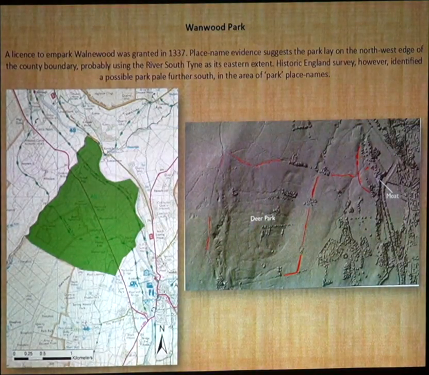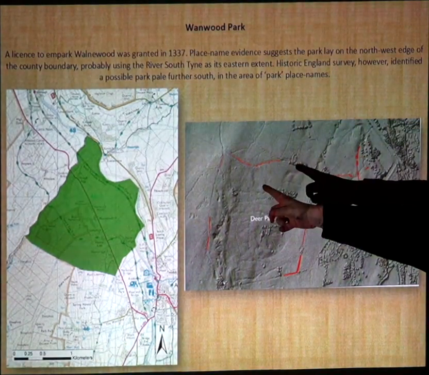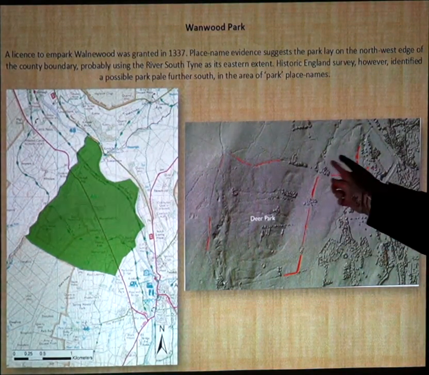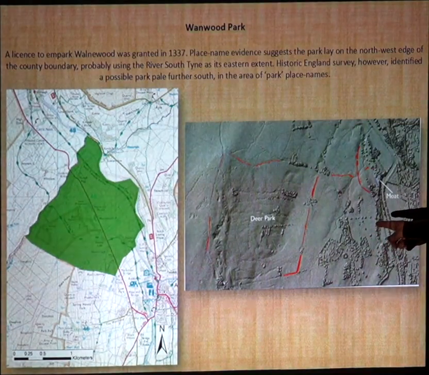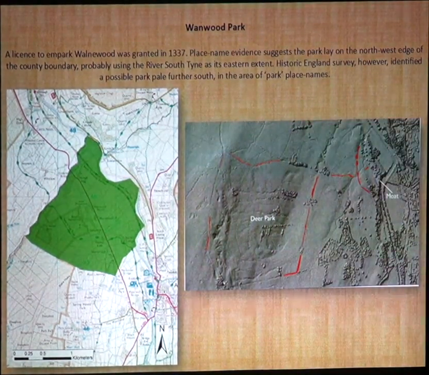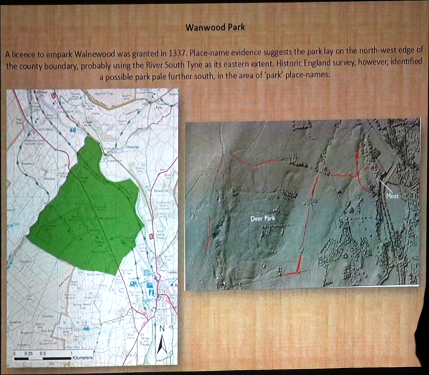Right, this is Wanwood Park. This is what I plotted on the left here, which goes up to the county boundary and really encompasses the area that's got Wanwood names now. This is what Historic England recorded as a boundary, which is actually down here, where it says Low Park, and I think is there a High Park as well? Yeah.